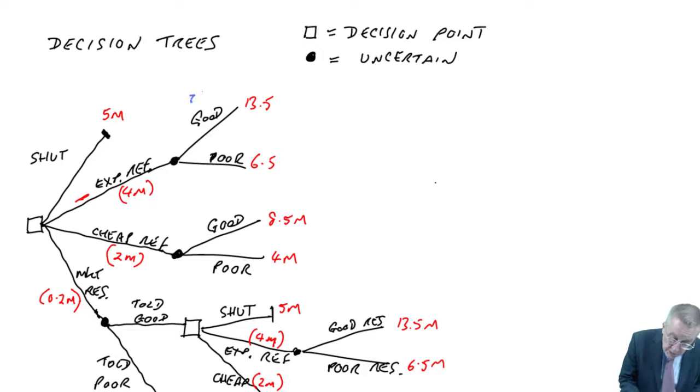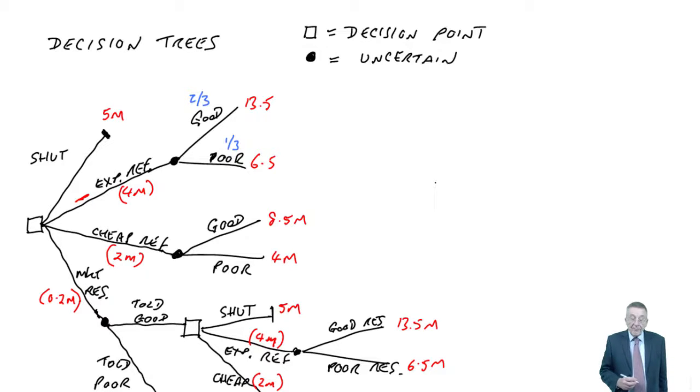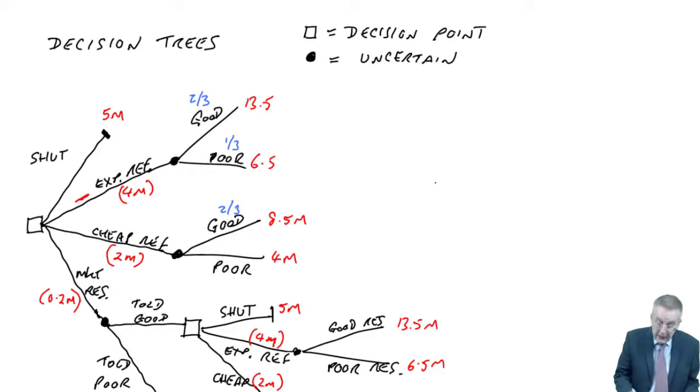So there's a 2/3 probability it'll be good, and surely therefore a 1/3 probability it'll be poor. It says that'll be the case whether we do expensive or cheap. So if we do cheap, 2/3 probability it's good, a 1/3 probability it's poor.